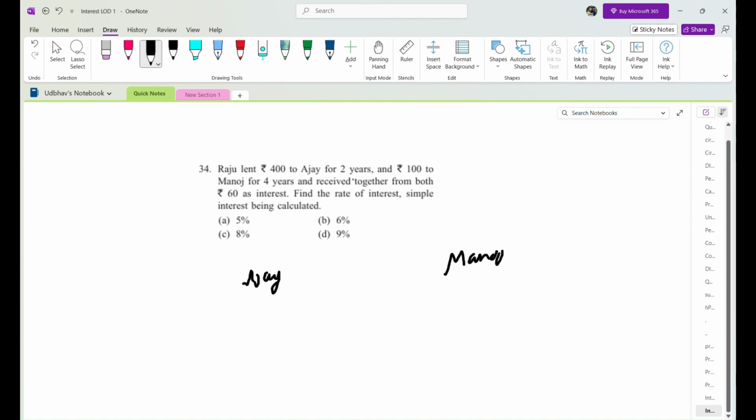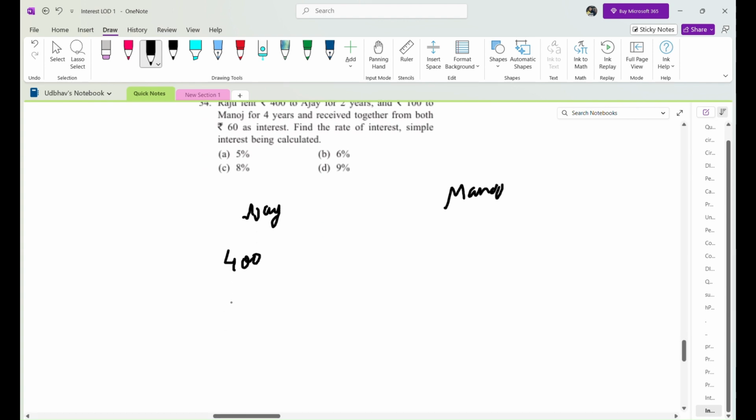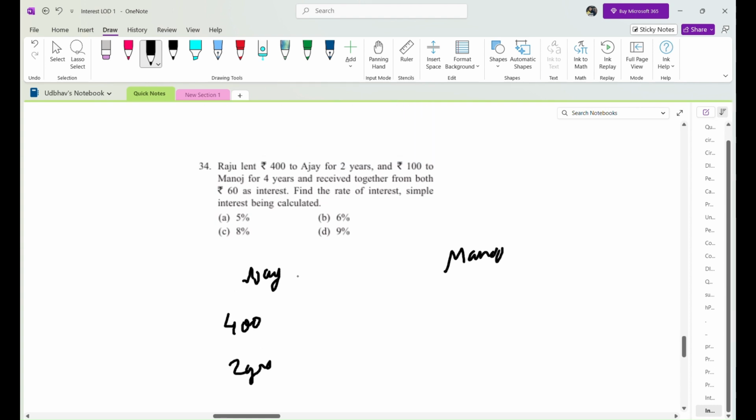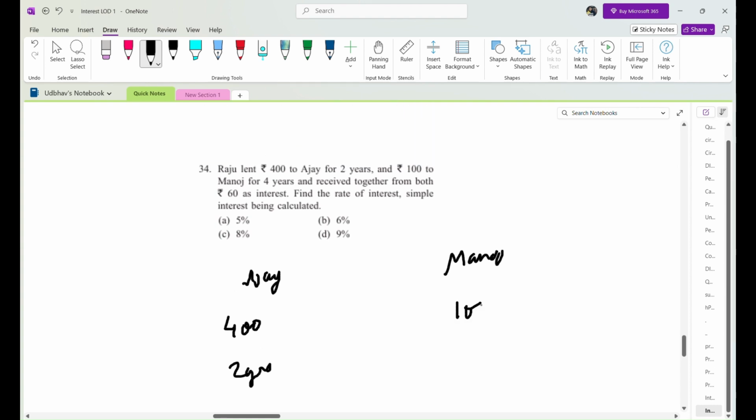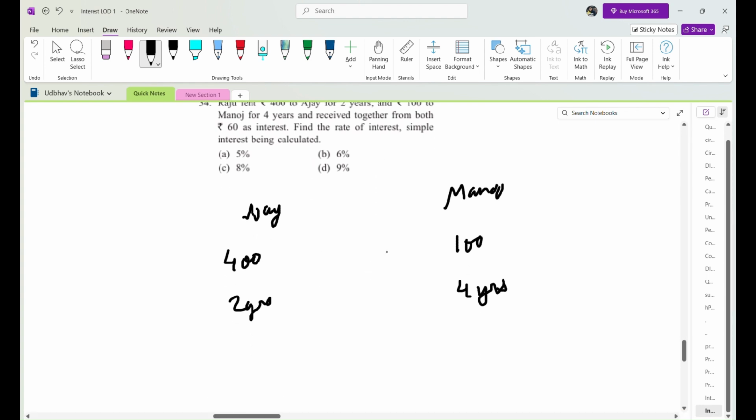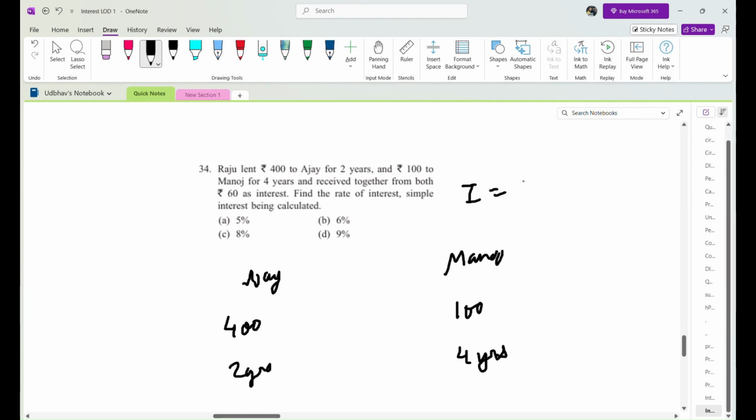Raju lent 400 to Ajay for 2 years and 100 to Manoj for 4 years, and the total interest he got was 60.